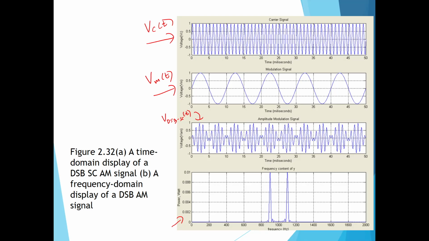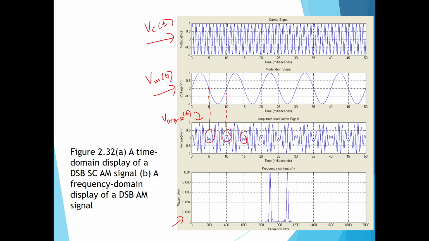But there's an important thing that happens here in the waveform. You see that at this part, whenever the input message crosses the zero axis, something will happen.